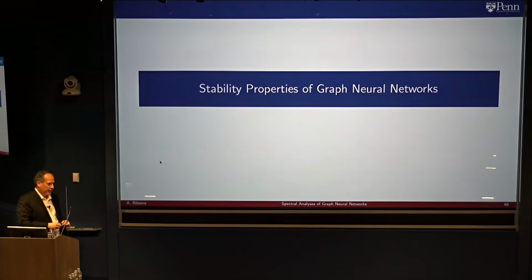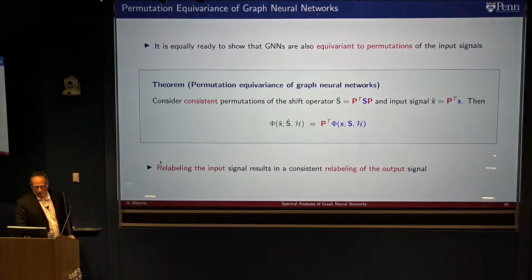These spectral analyses have other applications, and I want to utilize maybe 5 minutes to talk about stability and 5 minutes to talk about manifold neural networks. There's something that you will hear around when you talk about graph neural networks, which is that graph neural networks are permutation equivariant. That is elementary to prove, and they are.